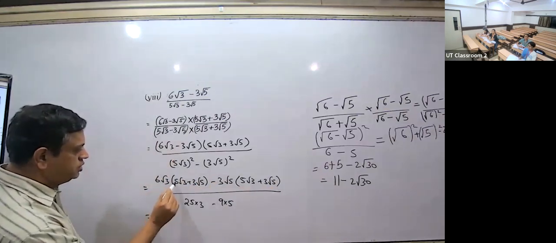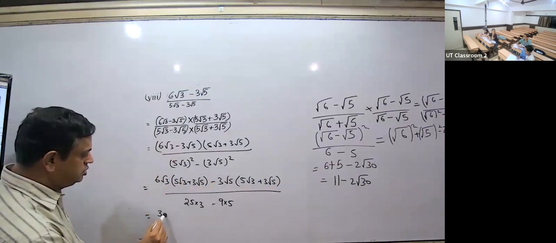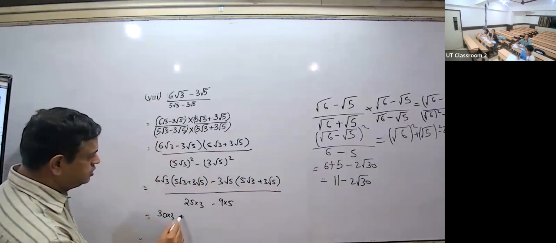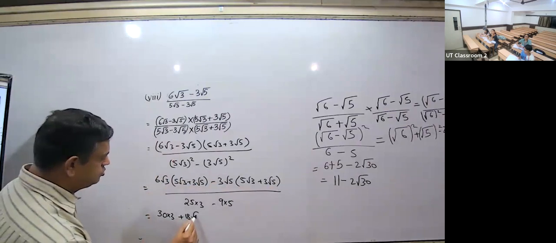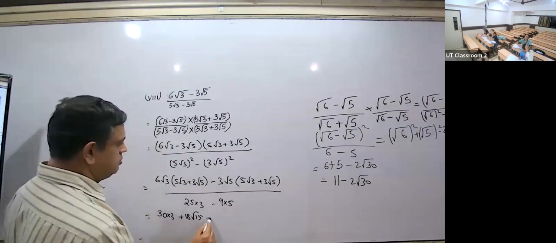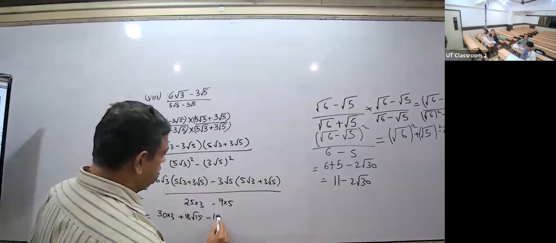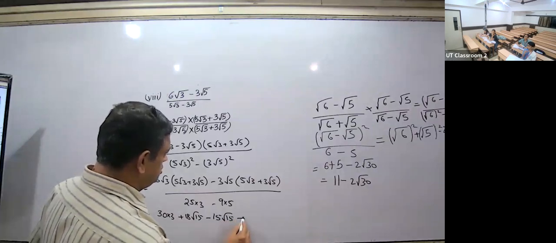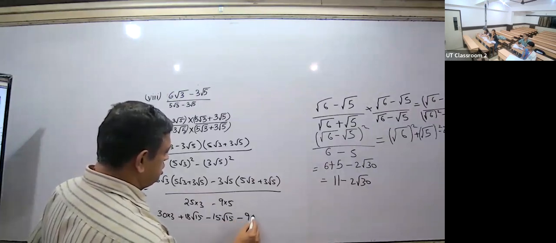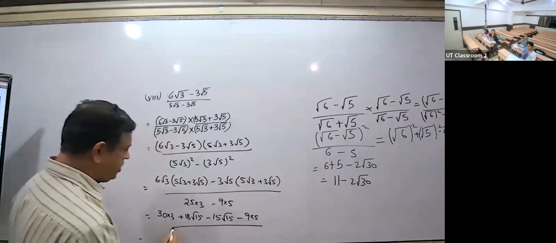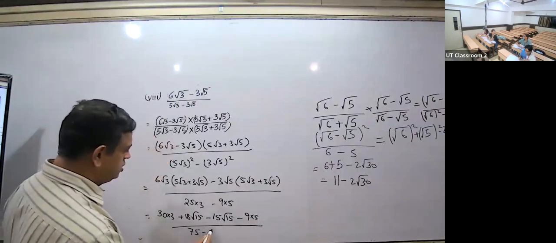We can multiply: 6 5s are 30 times 3, plus 18 times root 15, minus 15 times root 15, minus 9 times 5. 75 minus 40.